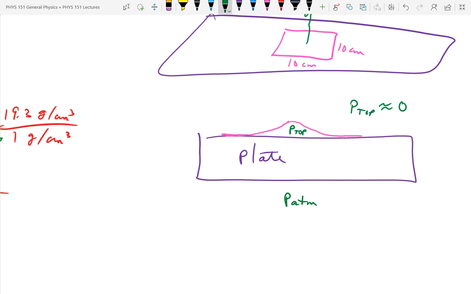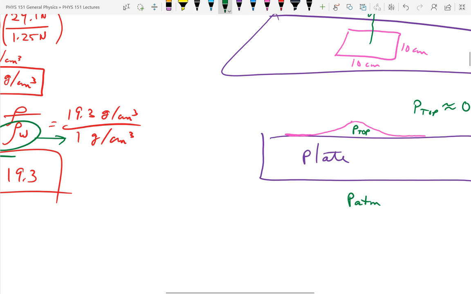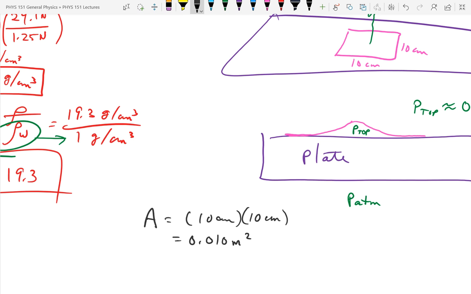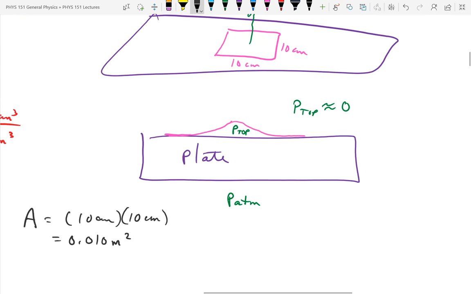I'll use the same area on top and bottom, so my area is equal to 10 centimeters times 10 centimeters, which is 0.1 meter times 0.1 meter, hence 0.010 meters squared. That's the area, and I'm going to use that area for both top and bottom.